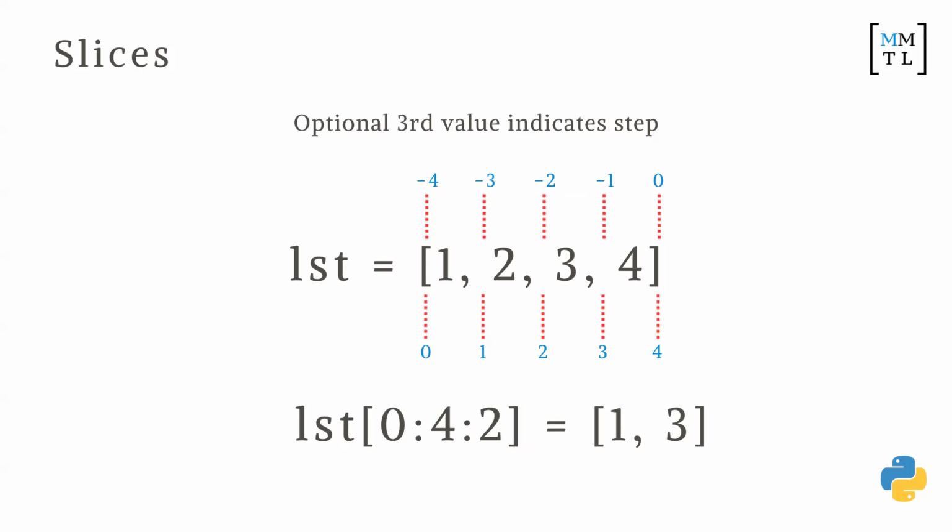Does that make sense? All right, some confusion there. So this value here indicates the start value. This value here indicates the end value, non-inclusive, right? And then this indicates the step size. Step size meaning, for example, if this is a 1, then you go through each individual value. If the step size is 2, then every time you take a step, you skip a value.